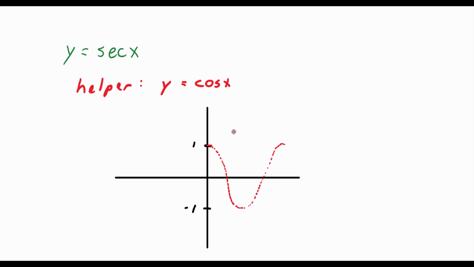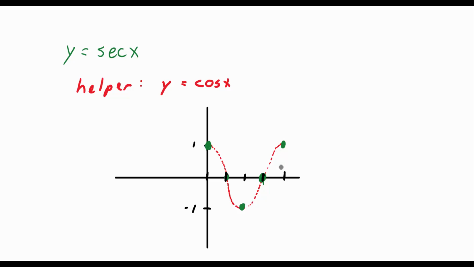And so you're essentially plotting these 5 points: the intercepts, the minimum value, and the maximum value, corresponding to the hash marks. And so what's the period then of the cosine?